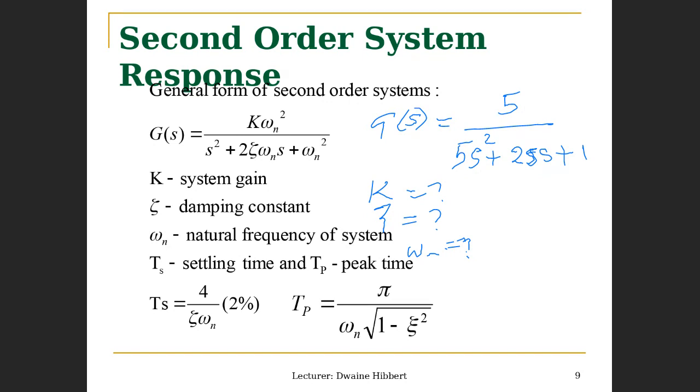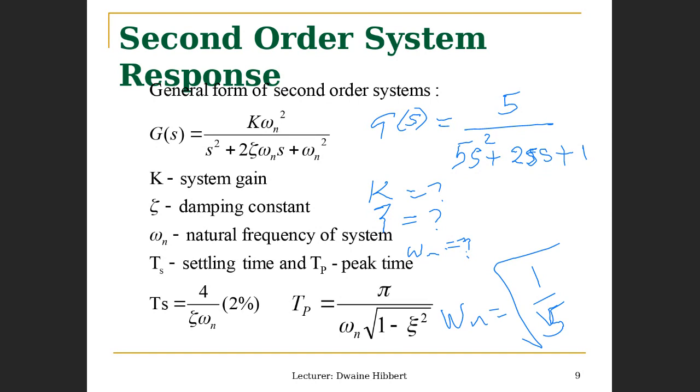So the natural frequency would be the square root of 1 divided by 5, root 1 over 5. That's fine, you can leave it as such. Omega is 1 over root 5.